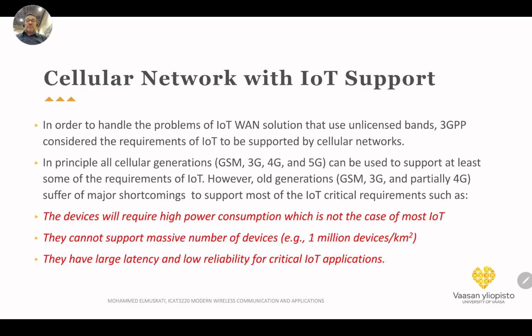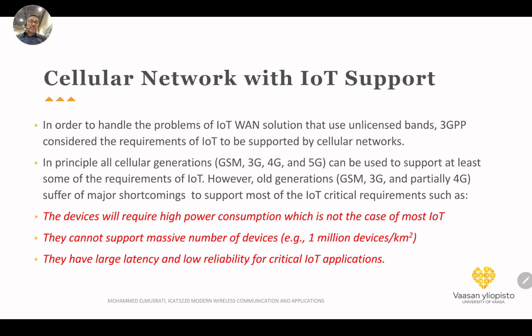Now we talk about a massive number of devices, critical mission applications, and very high reliability and availability. When we look at these requirements, unfortunately GSM, 3G and most of the 4G standard will not be able to provide all of them.